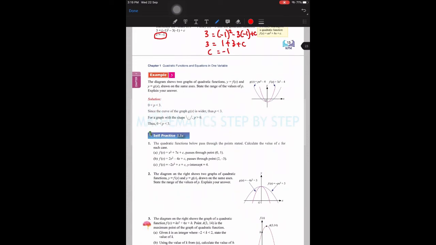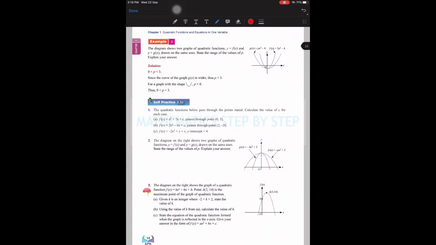So now let us proceed to example 3. The diagram shows two graphs of quadratic functions, y equals f(x) and y equals g(x), drawn on the same axis. State the range of the values of p. So we can see that both f(x) and g(x) are smiley, so we know that p is greater than 0, okay?